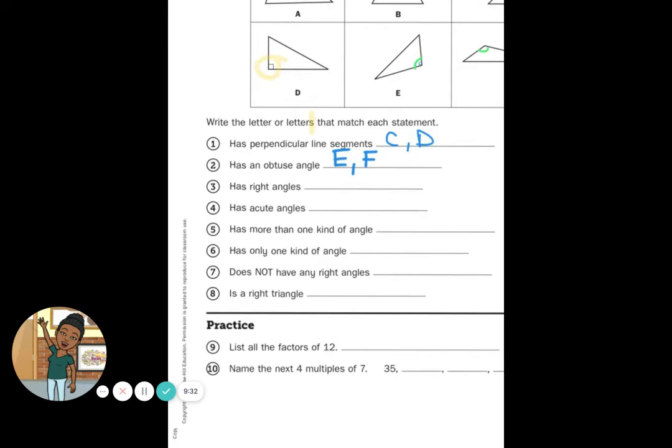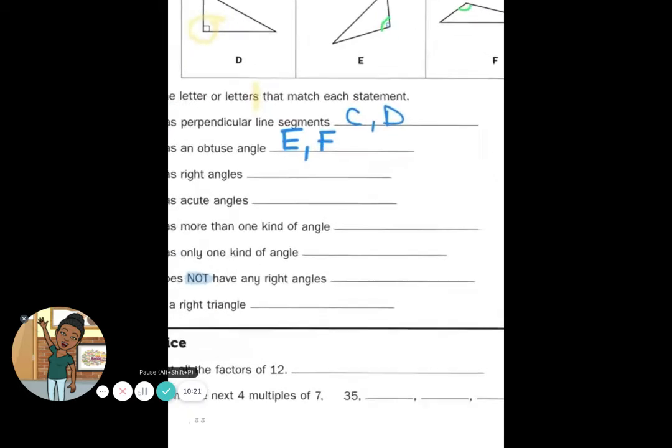We have to look at each descriptor, and then think about which of these triangles match. Some of the clues or riddles help us solve the other ones. For example, number 1 has perpendicular line segments. If I look at question number 7, does not have any right angles.